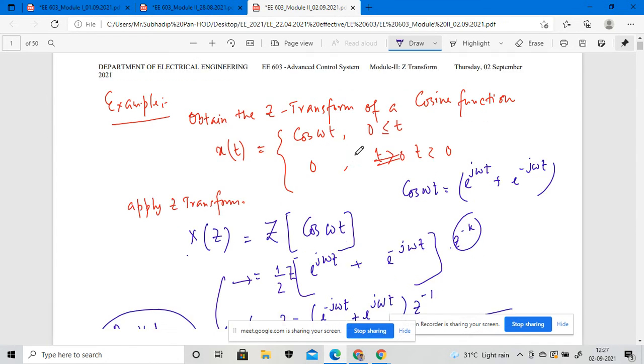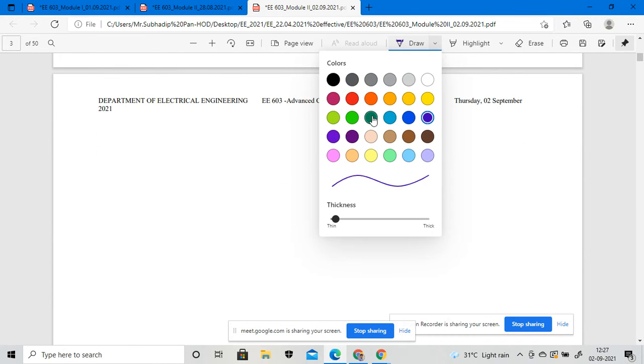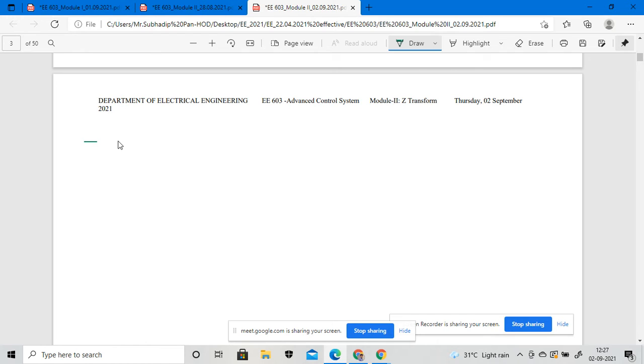If I am doing the z transformation of the sine function, so if x of t is equal to sine of omega t, for t greater than 0 and 0 for t less than 0, then we have to apply the z transformation on both sides.